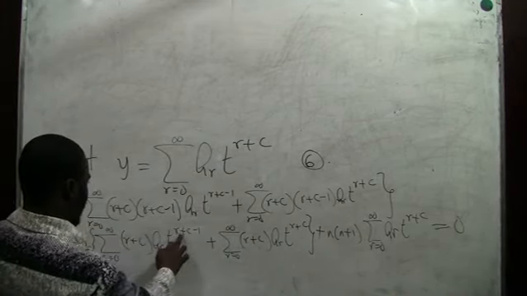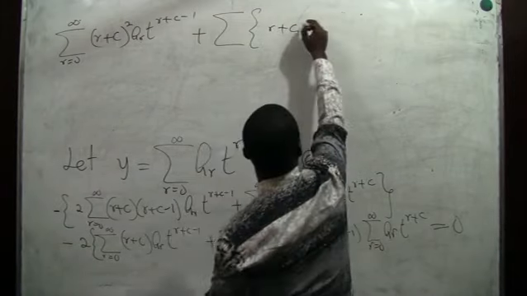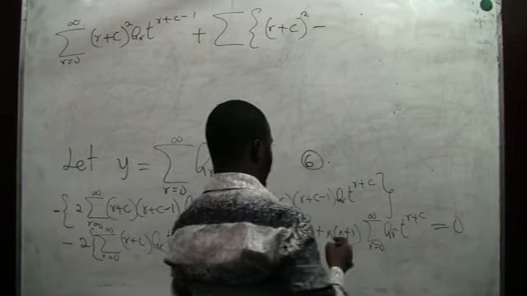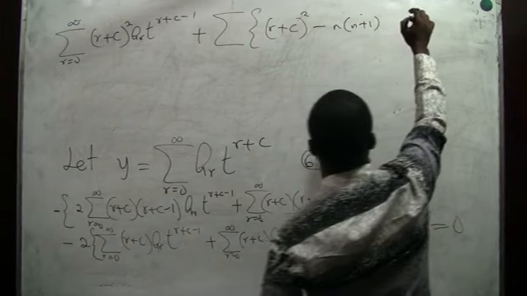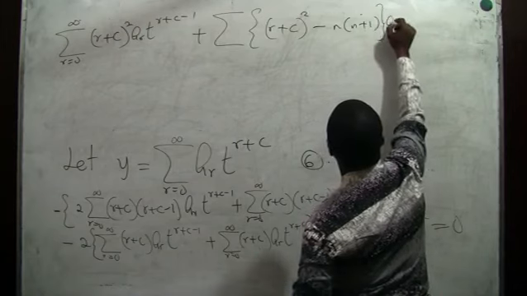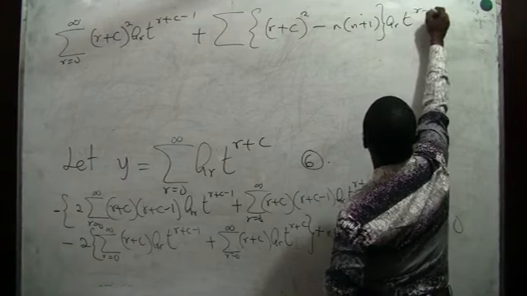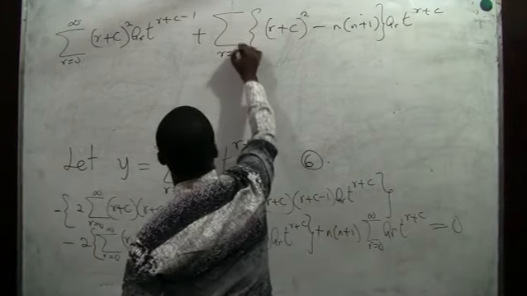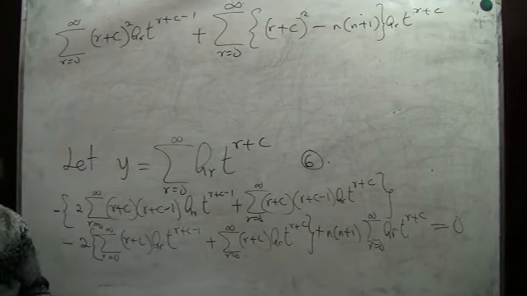We're going to have (r plus c) squared plus summation (r plus c) squared minus n into n plus 1, ar t raised to power r plus c, r from 0 to infinity. That is what we have left.